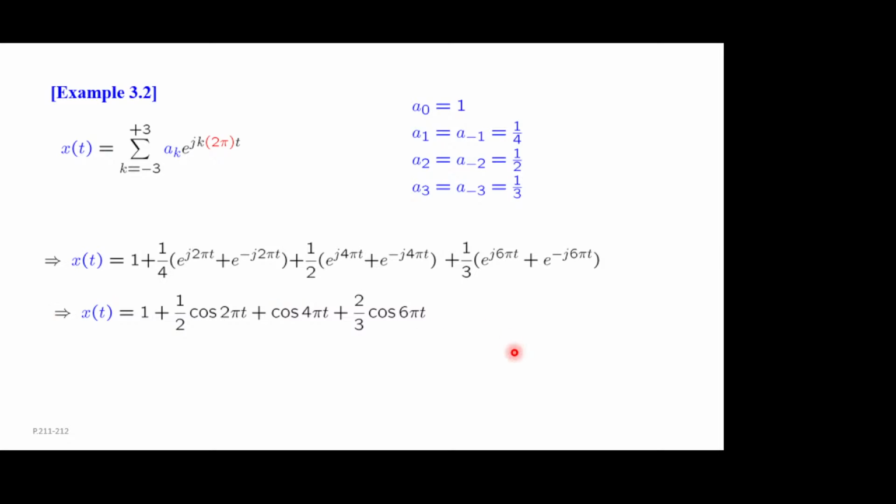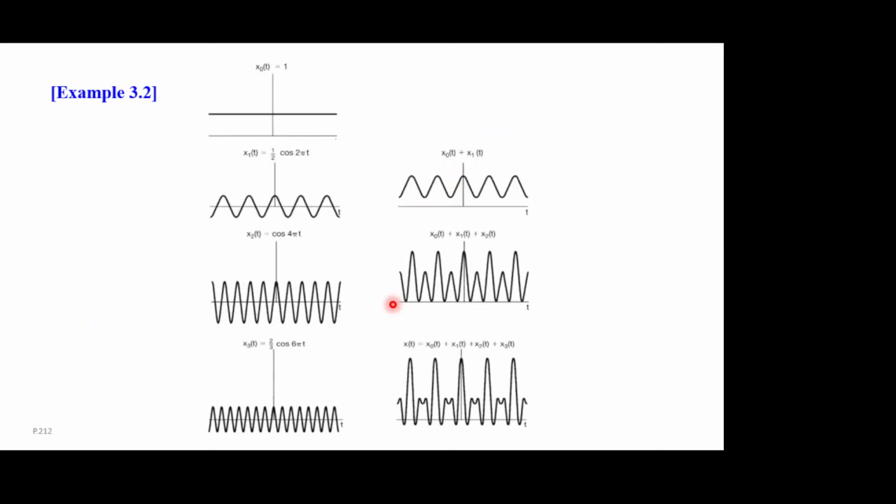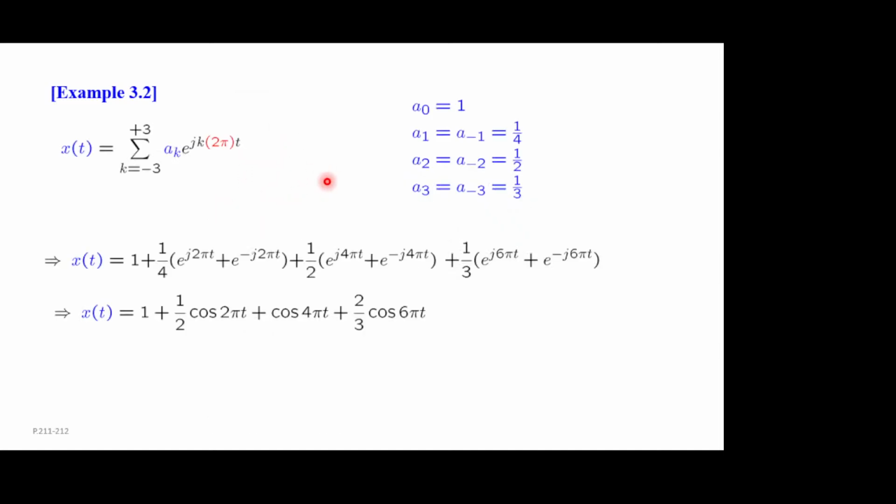So you see x of t is the sum of cosines with different frequencies, and we can see them in the picture here. Here is your a1 term, and here are your plus minus 1 cosine, plus minus 2 cosine, and plus minus 3 cosine. You can add them up one by one. We call these x1, x2, and x3.